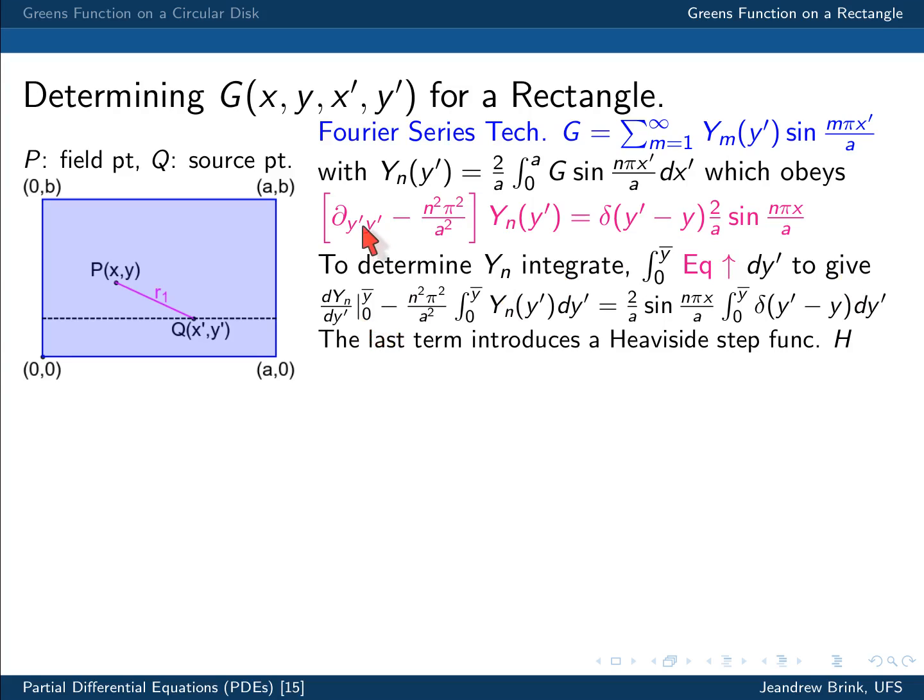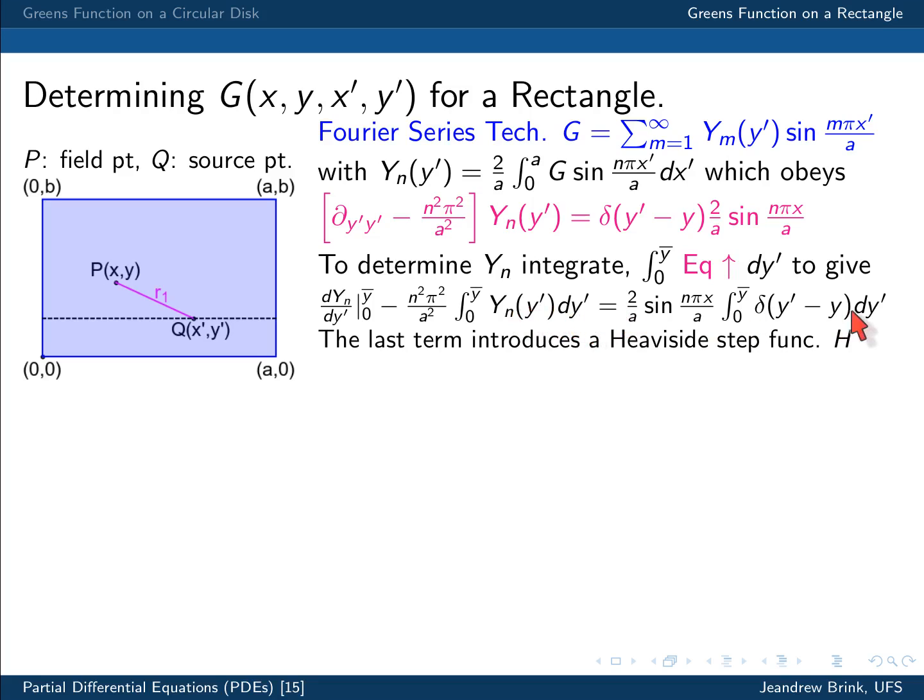So it is dyn/dy prime evaluated, we're integrating from 0 to some y bar, so it's evaluated at 0 and y bar, minus n squared pi squared over a squared times the integral from 0 to y bar of yn of y prime dy prime.